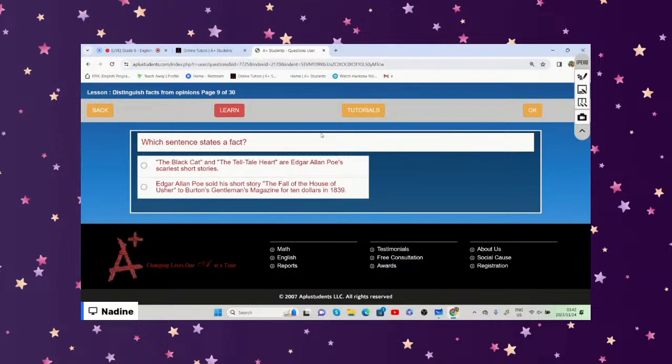Which sentence states a fact? It says, The Black Cat and The Tell-Tale Heart are Edgar Allan Poe's scariest short stories. Or is it Edgar Allan Poe sold his short story, The Fall of the House of Usher, to Burton's Gentleman's Magazine for $10 in 1839?